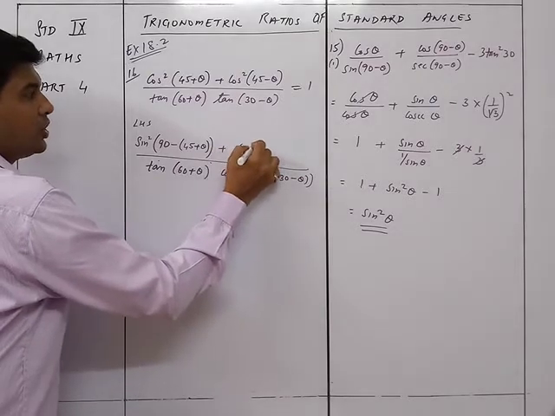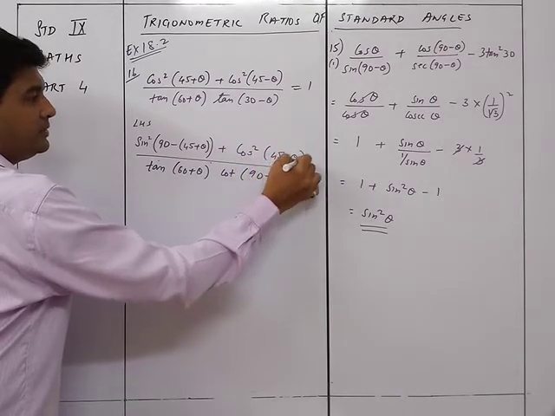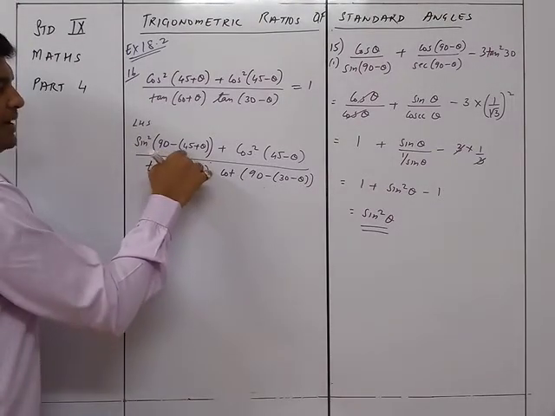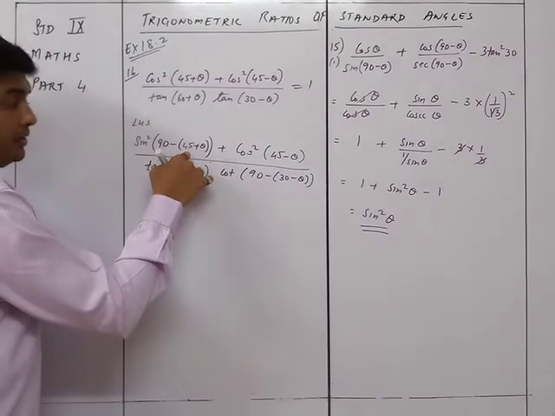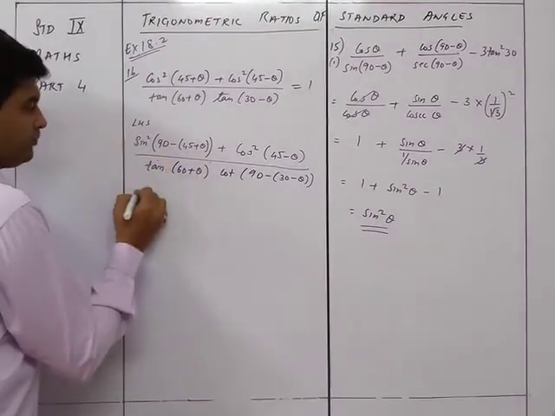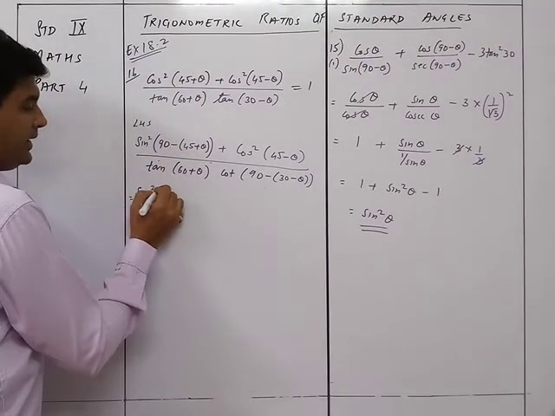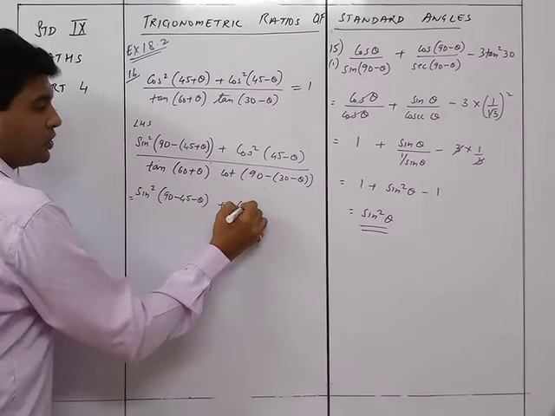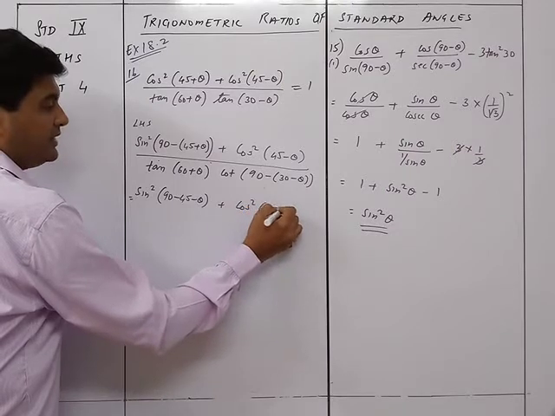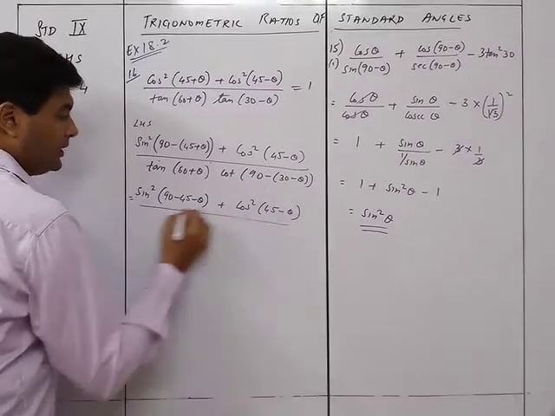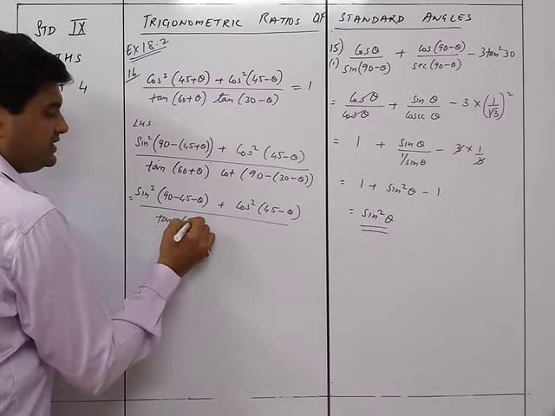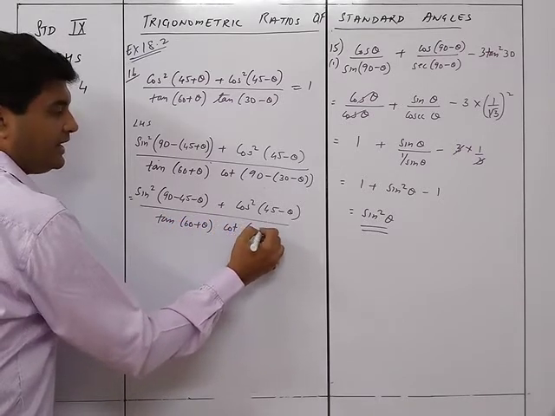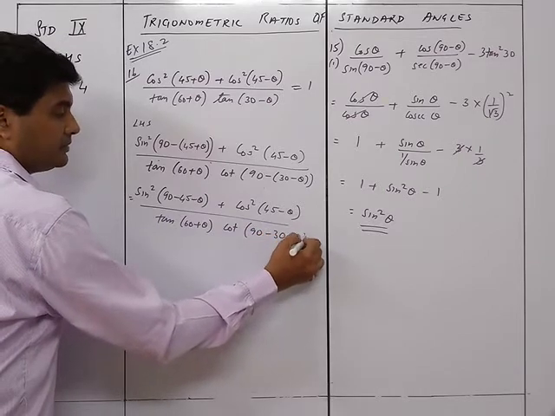Here it is cos square 45 minus theta. You are taking only one of the things, right? So here what will happen? This is 90 minus 45, which is 45 minus theta. Okay, so it will be sine square 90 minus 45 minus theta plus cos square 45 minus theta upon tan 60 plus theta into cot 90 minus 30 plus theta.